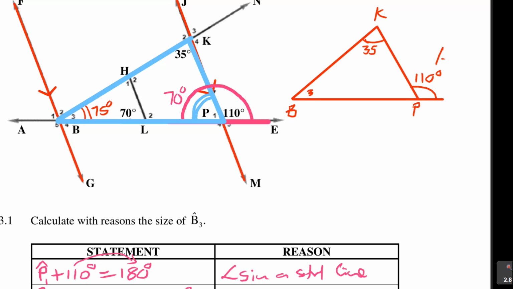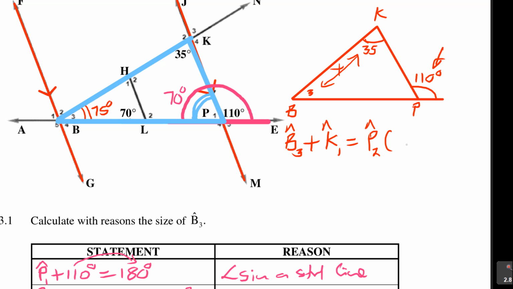It says this angle, 110, is equal to the sum of these two angles when you add. So what does it say? It says B3 plus K, we'll call it K1, is equal to, let's call it P2 because there is P1, P2.